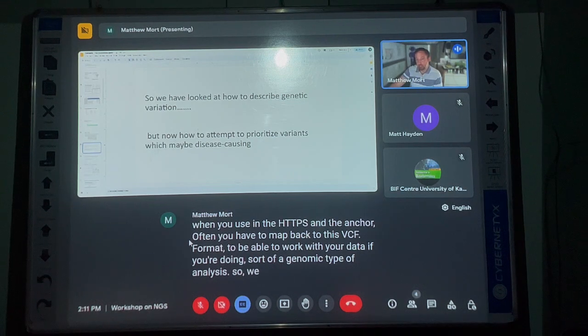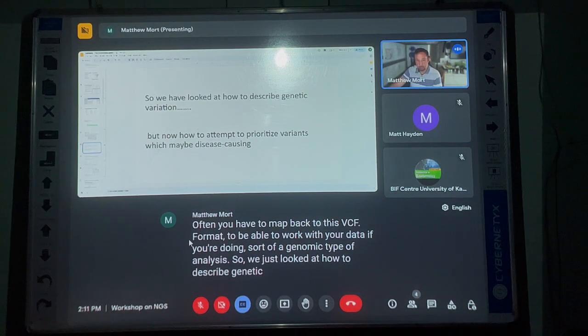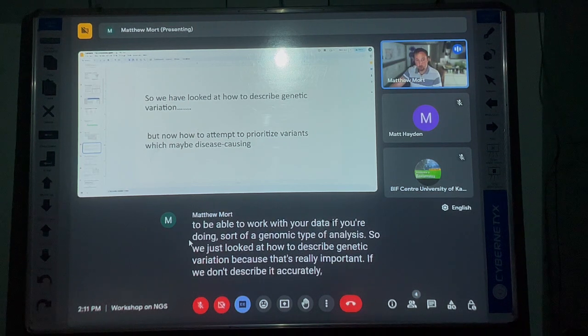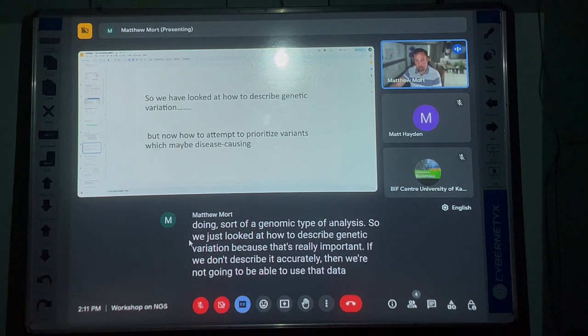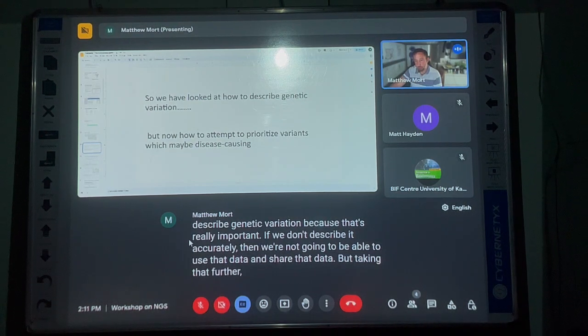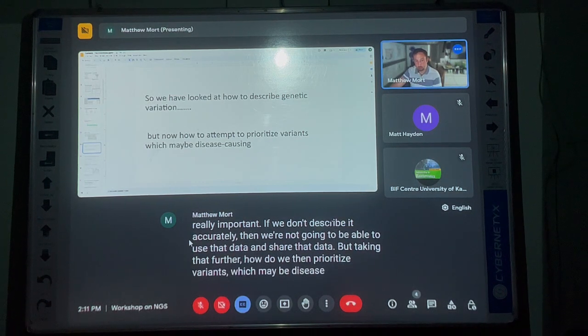So we just looked at how to describe genetic variation, because that's really important. If we don't describe it accurately, then we're not going to be able to use that data and share that data. But taking that further, how do we then prioritize variants which may be disease causing?